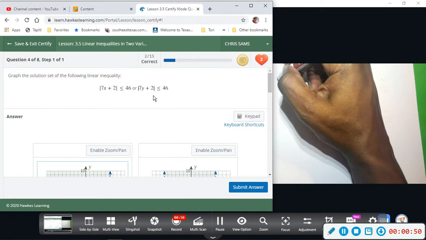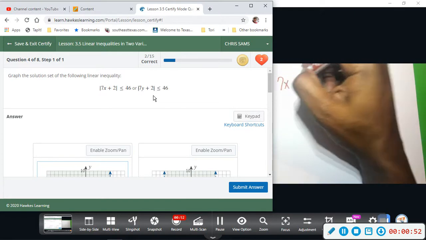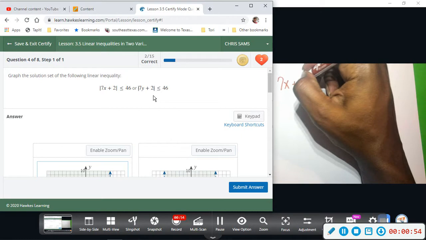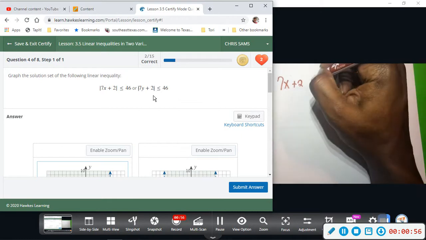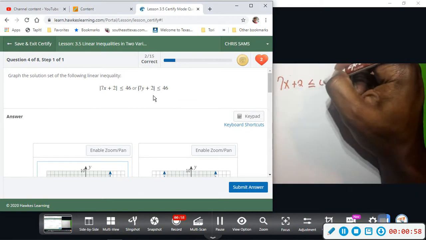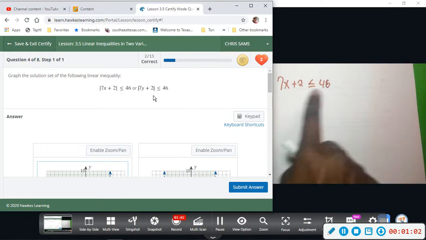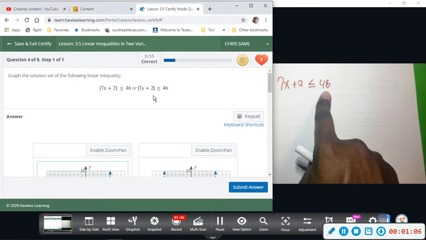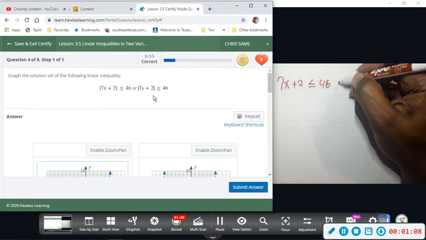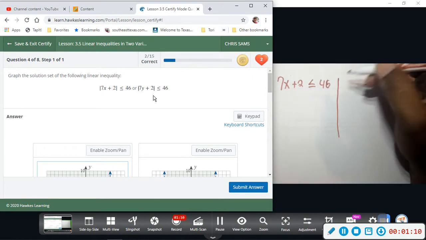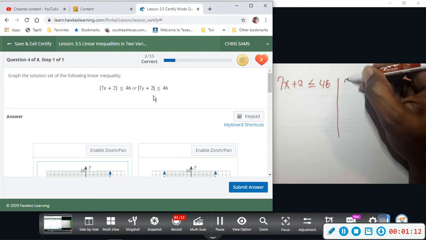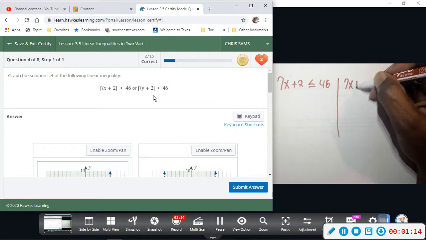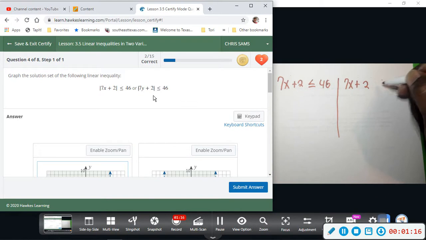So that is 7x plus 2 is going to be less than or equal to 46. So you just drop the absolute value and you leave everything signed the same. And then on the other side, because absolute value means you can have a negative or a positive, we're going to do 7x plus 2, and then we're going to have it equal to a negative 46.